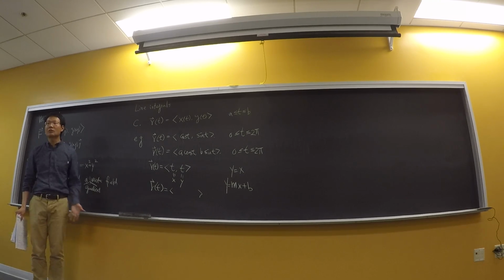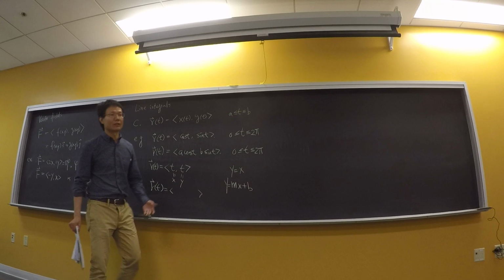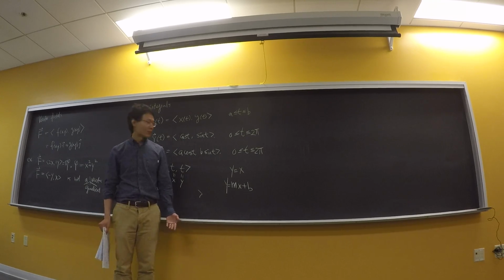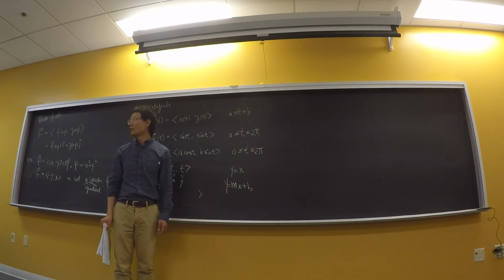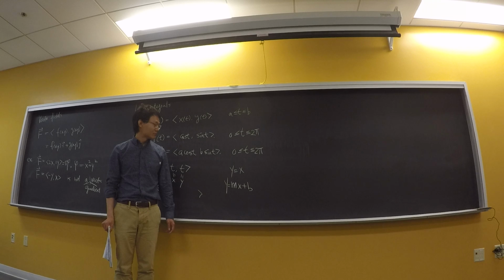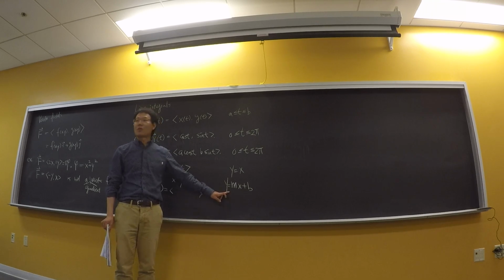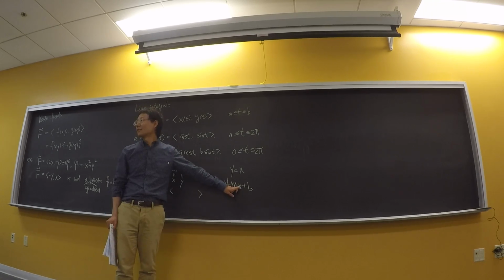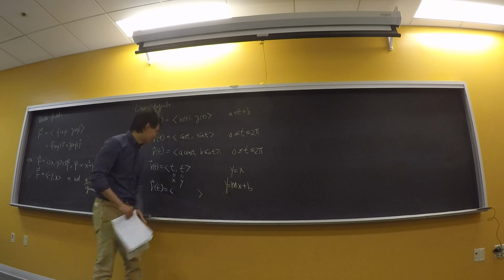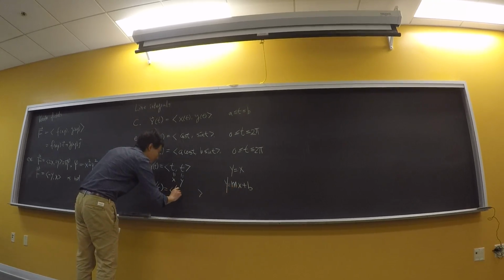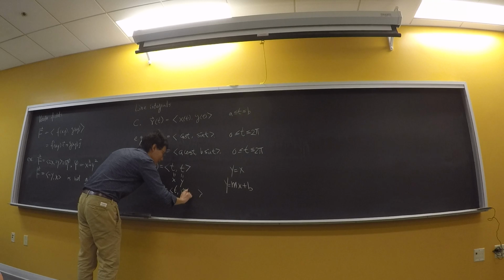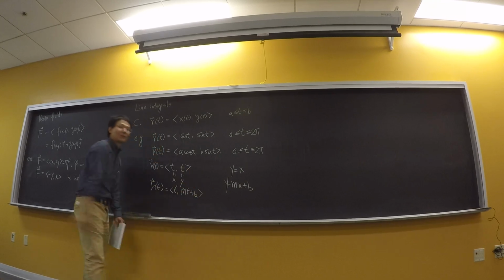In other words, you have to introduce this new variable t to let it mean something. What do you want the t to denote here? You can let t denote y, but then you have to solve for x. The easier one is I just let x be t. So x is equal to t, y is simply mt plus b, right?